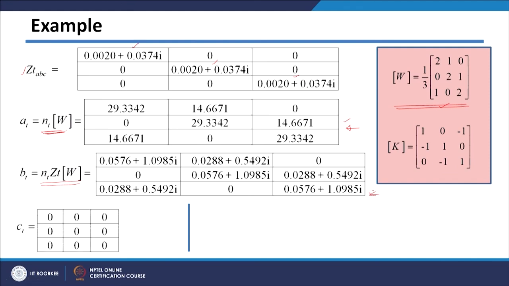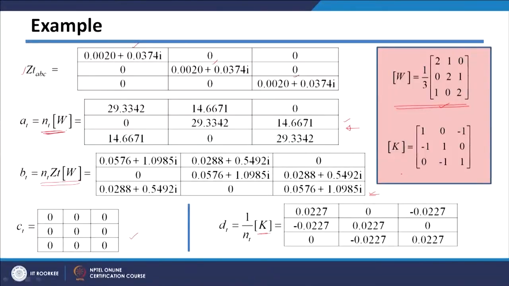And as I told you, the C parameter will be 0 because we are not considering any shunt branch here. However, if you consider the magnetizing shunt branch, there will be some component in the C matrix also. Since we have neglected the magnetizing branch, the C matrix is always 0 for all configurations.